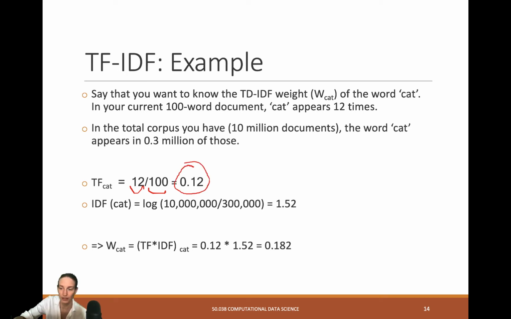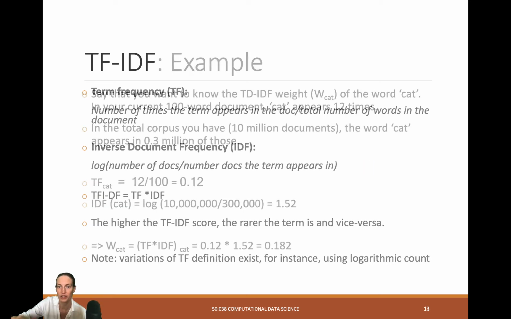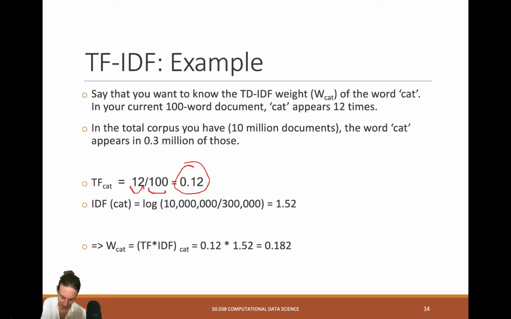Now, let's calculate the IDF, which is the logarithm of the number of documents divided by the number of documents that the term appears in. We have 10 million documents, and only in 0.3 million does it occur, so our IDF is 1.52. So our total resulting TF-IDF weight is 0.182.